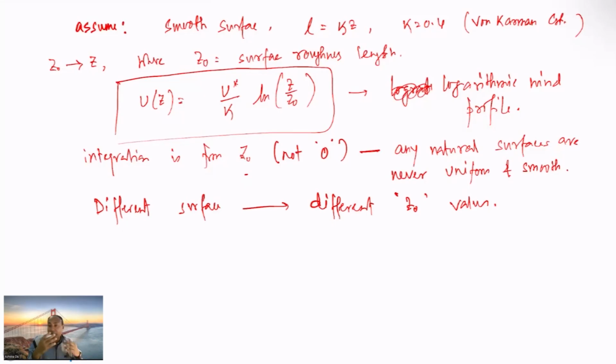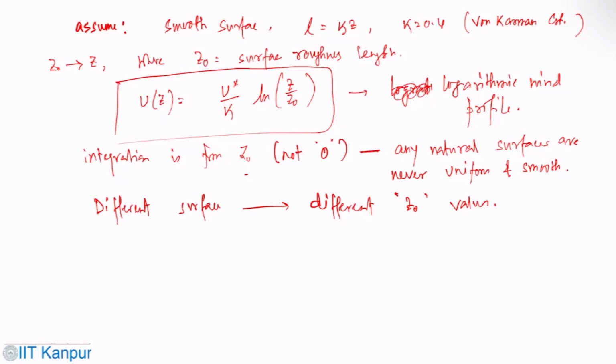So if you have terrain, trees, buildings, desert area, some hills, or small forests, there could be different surfaces, and one can estimate that.